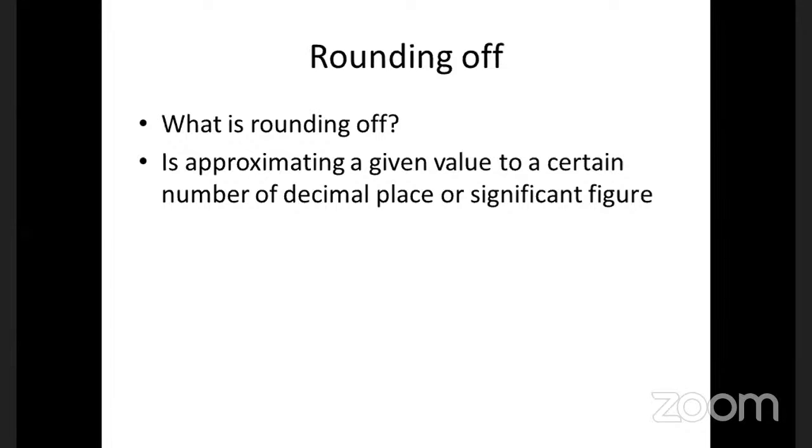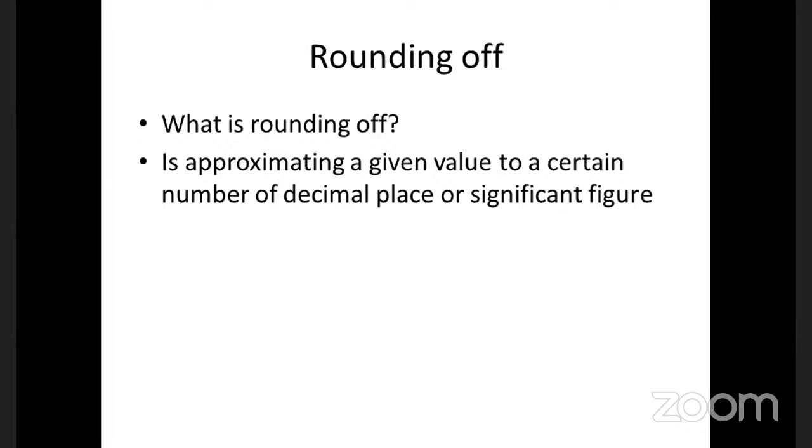Mainly the concept comes with decimal places, but in so doing, we are trying to approximate a value. As Trevor stated, we are changing the number, but we don't want to deviate so much from its value.